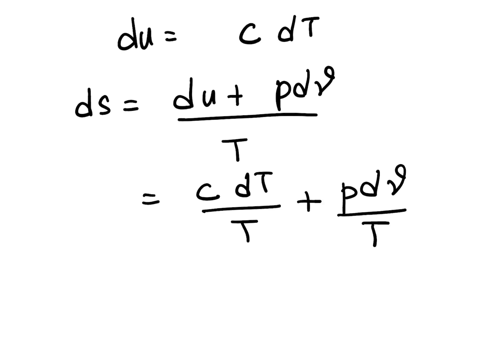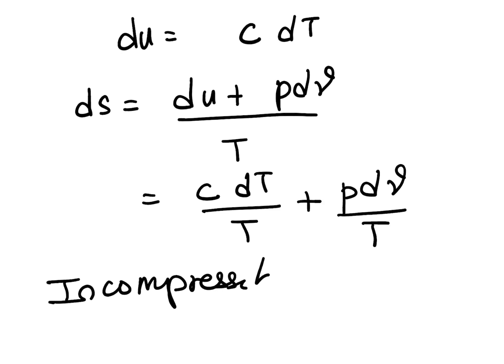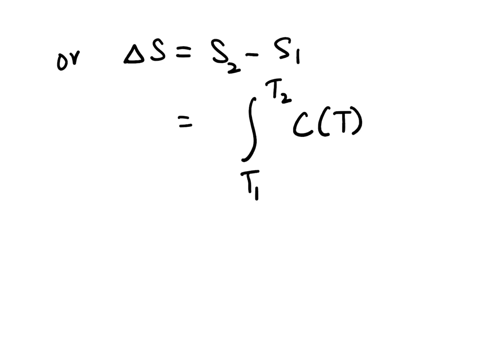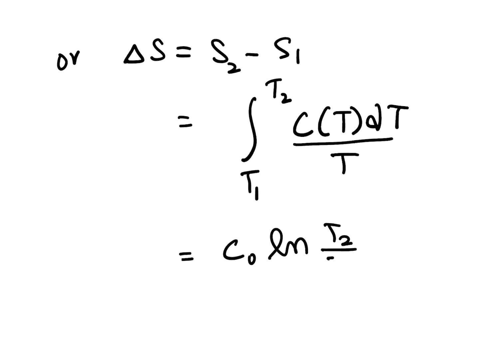And if you consider solids and liquids, they are also incompressible, which means their change in volume is 0. So dS is simply c dT divided by T, or delta S, which is S2 minus S1, is the integral from T1 to T2 of c dT divided by T. If I have constant specific heat, this is c naught times the natural log of T2 by T1.